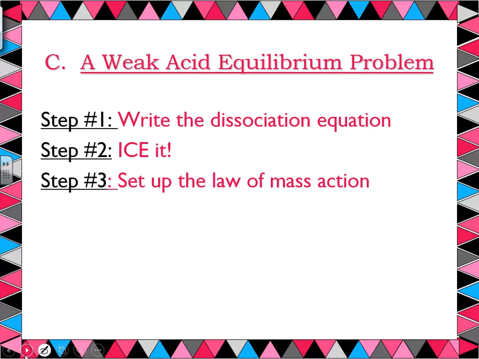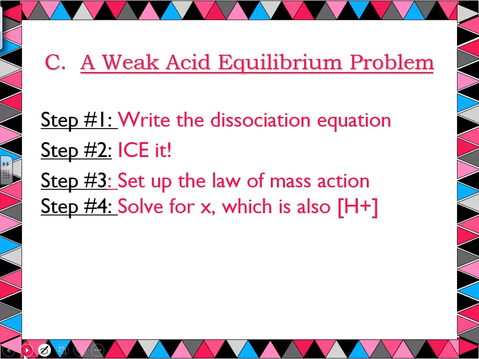Set up your table. Write your law of mass action. Determine your shift in terms of X. Remember that X is going to be either the hydrogen ion concentration if it is a weak acid, or the hydroxide ion concentration if it's a weak base.